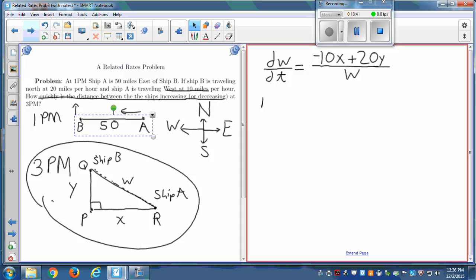And of course, at 3 p.m., we know that x is equal to 30, y is equal to 40, w is equal to 50.